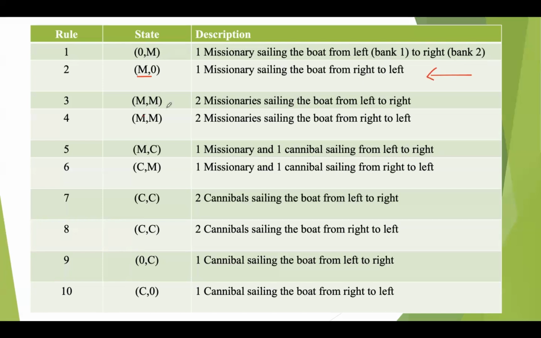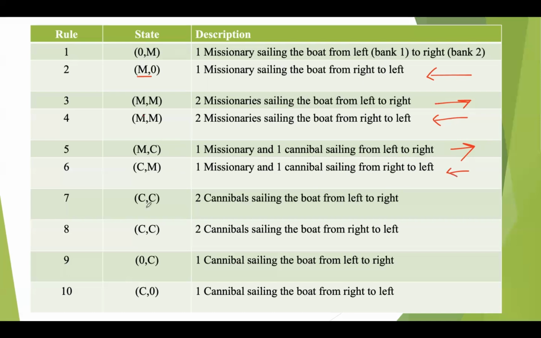If there are two missionaries sailing from left to right, then they should be represented as m comma m. And if they are sailing from right to left, again the same representation can be used. If there is one missionary and one cannibal sailing from left to right, then this is the state. And for one missionary and one cannibal sailing from right to left, you need to use this notation.